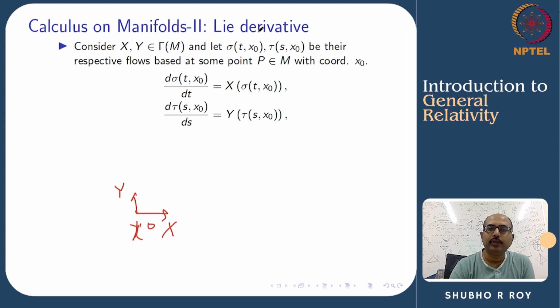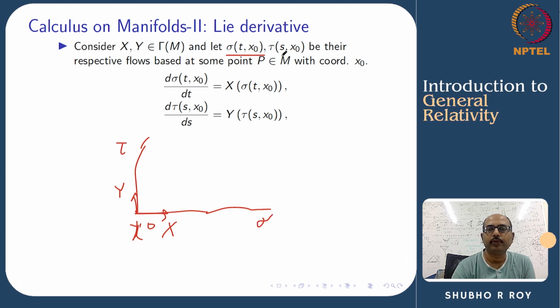Now, the idea is to generate the flow from x naught using the vector field X, and generate another flow using Y starting from the point x naught. Something like this. The first flow I will call sigma, the other flow I will call tau.